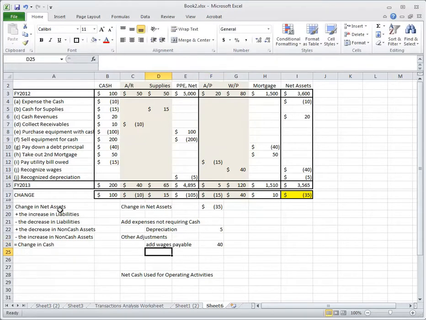And any liability decrease required our cash to go down, but it didn't affect our net assets. So we're going to just look down here and see what's the difference from 20 to 5. So then there's a negative 15. So we're going to subtract the accounts payable.